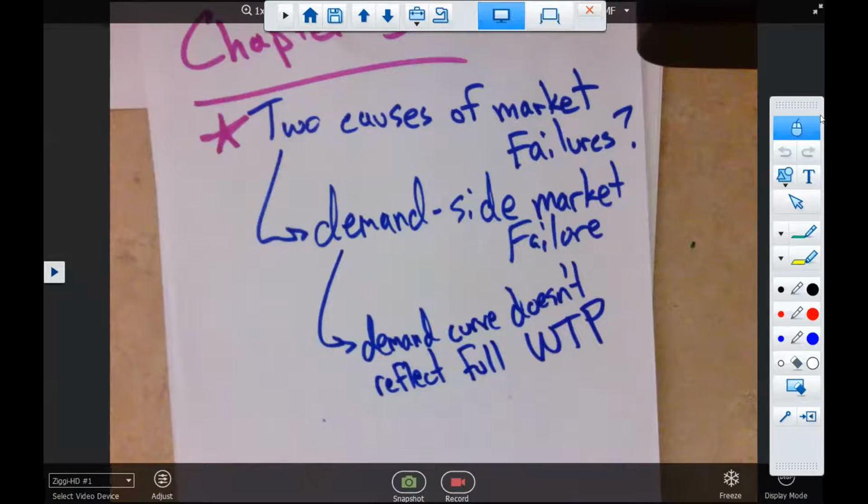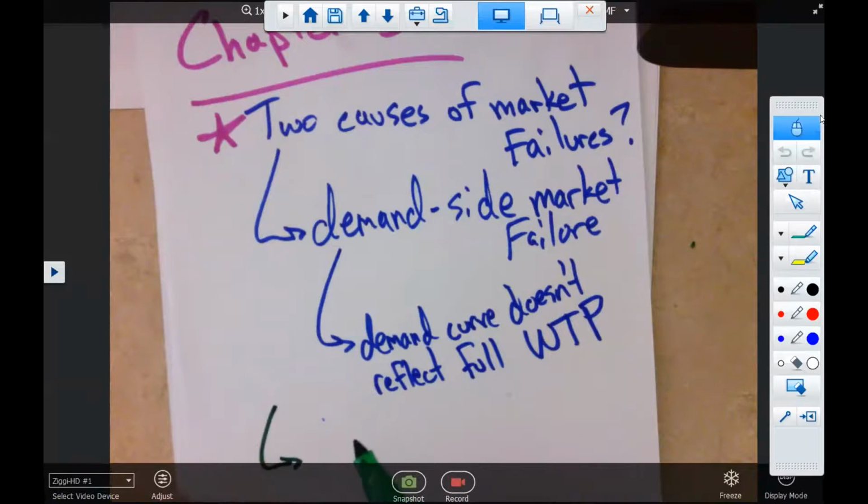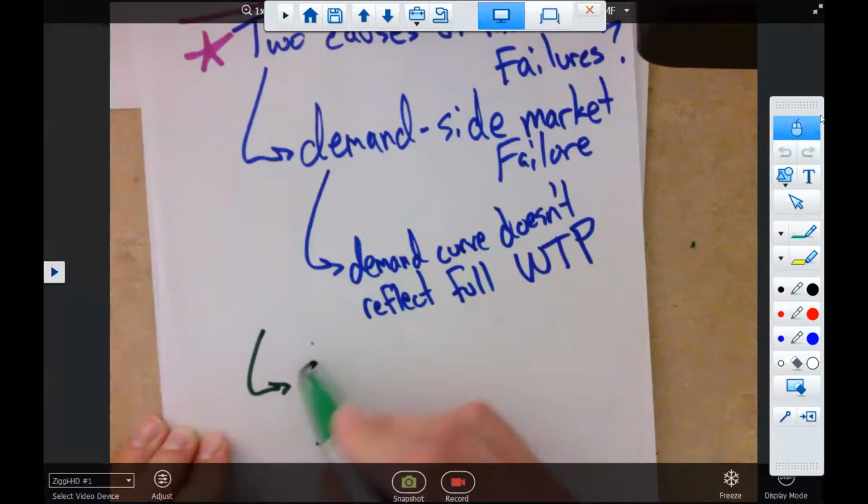It happens when the demand curve doesn't reflect the customer's preferences, right? And then the supply side, just like you said, is when the supply curve doesn't reflect the full cost of producing that good or service.